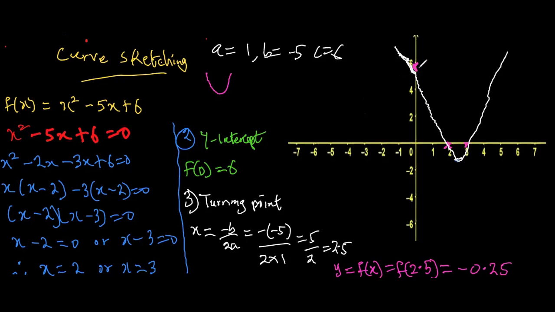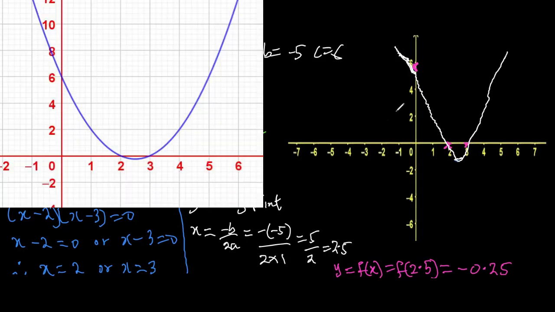So we've been able to sketch this curve. And now compare it with the original function that is sketched using a table of values. So look at these two. You will see that both of them look very much alike.